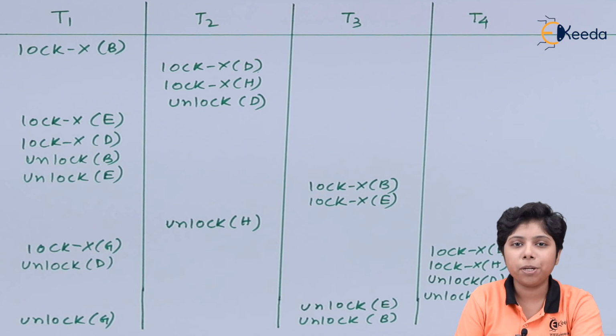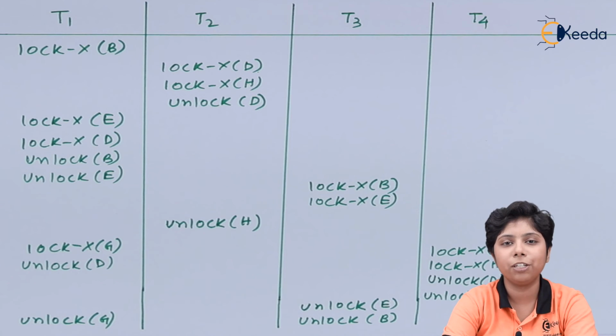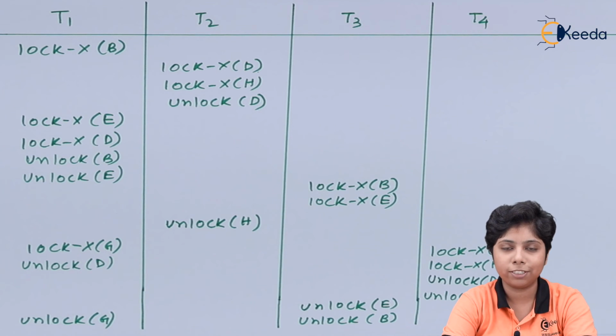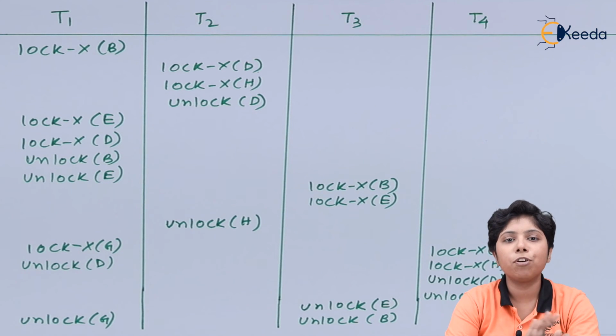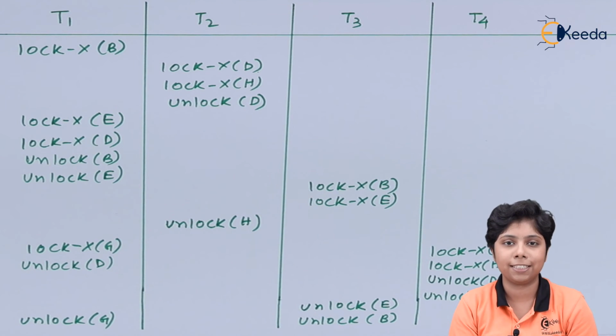So using this tree protocol, we have reached a conflict serializable schedule with T1, T2, T3 and T4. The tree protocol ensures conflict serializability, but it does not assure recoverability and cascadelessness.